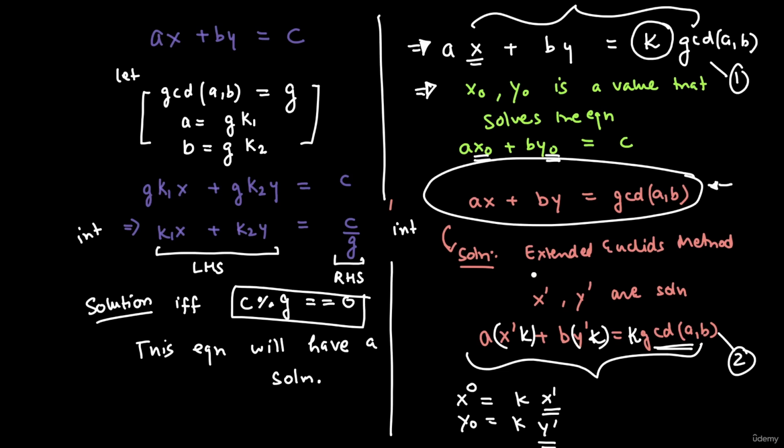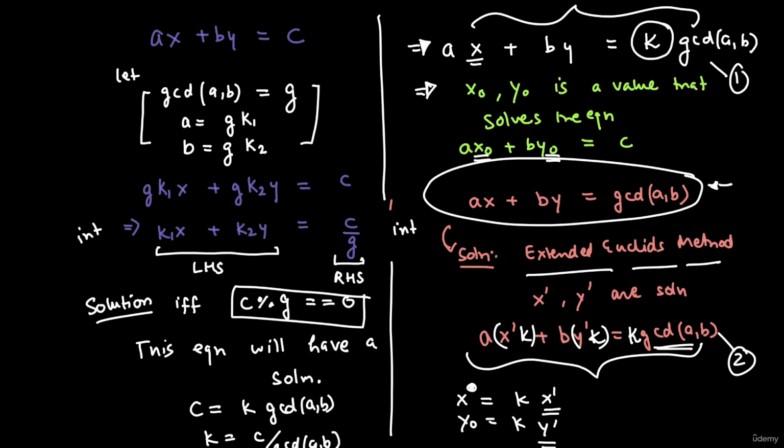And these solutions, we know, come from extended Euclid's method that we have already seen. So you just need to multiply whatever solution you get from extended Euclid's method with the value k. And what is the value of k? We have written C as k times GCD of AB, so the value of k is nothing but C divided by GCD of AB.